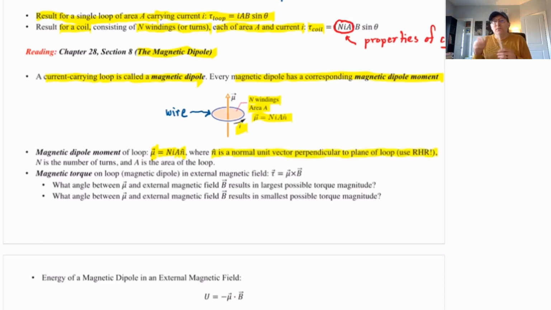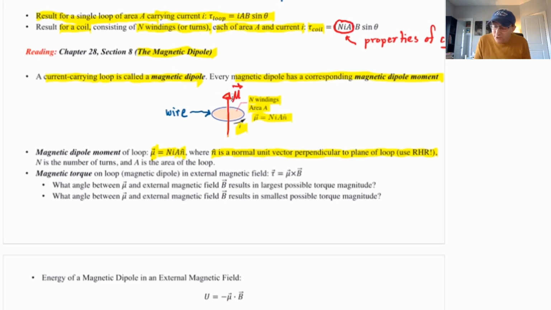Namely, reach in with the fingers of your right hand and wrap them around the loop the way the current is going, and stick out your thumb. That's the direction of n hat, which is the direction of mu. And that's how they get this drawing, this direction right here, for the magnetic dipole moment vector for that loop. Okay?